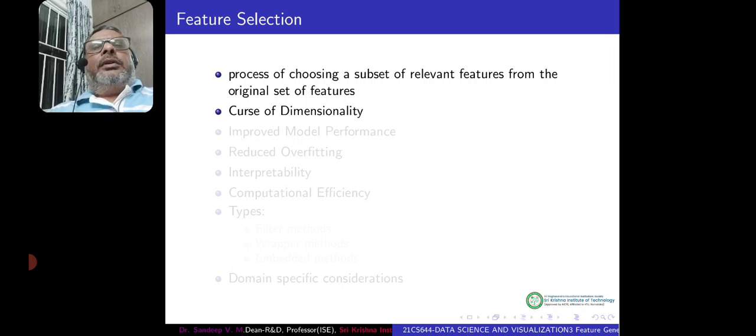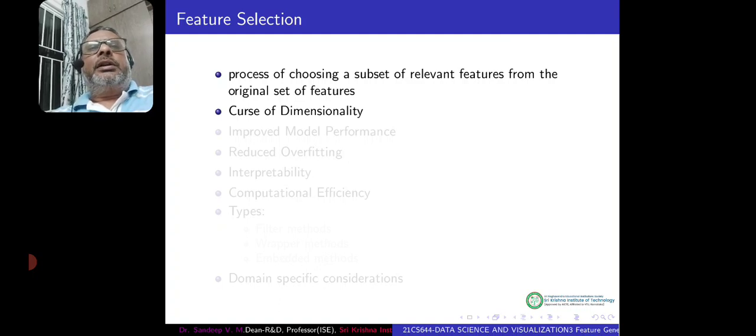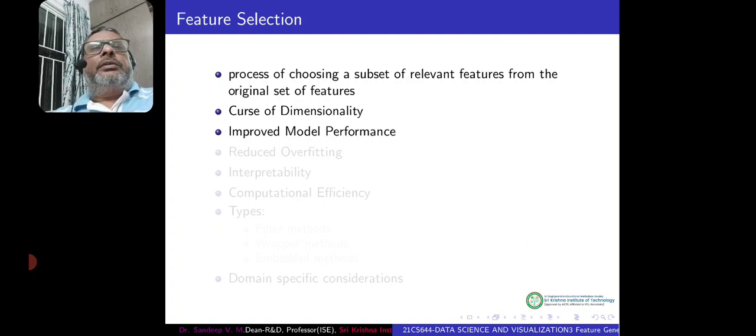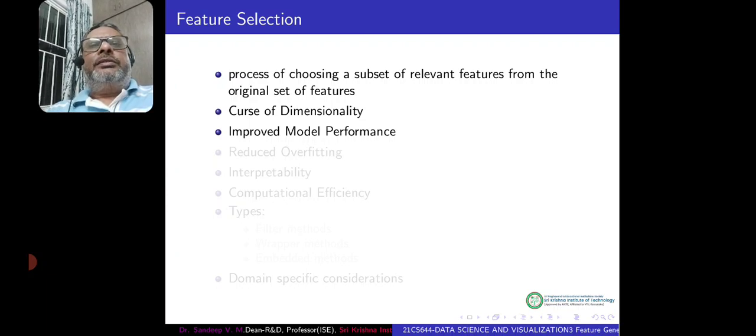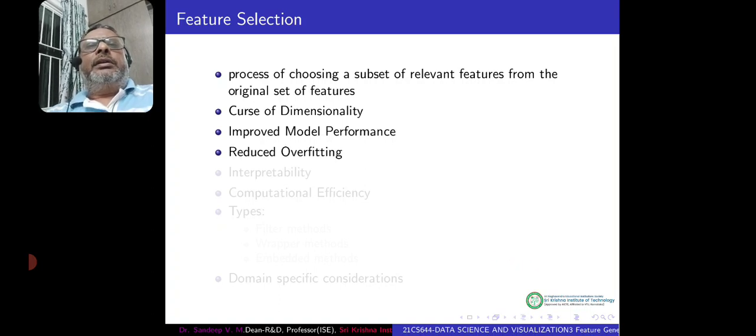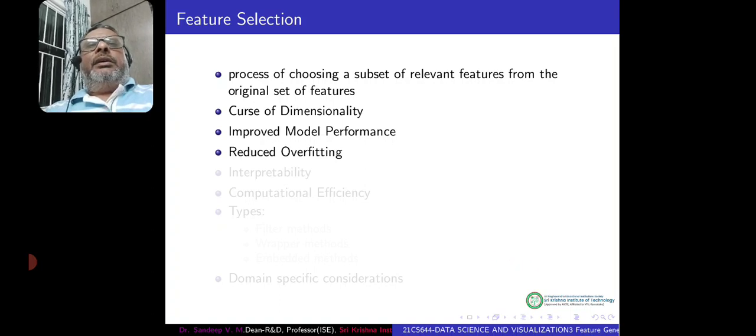So to avoid the curse of dimensionality, we can select only those features which are useful for our current problem. So this feature selection, once done properly, can definitely improve the model performance, and it will reduce the overfitting.